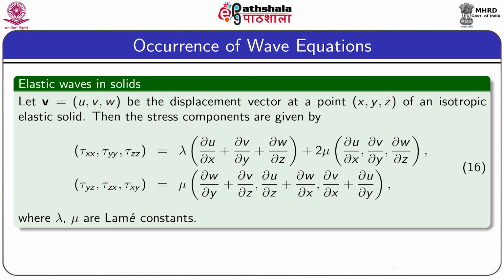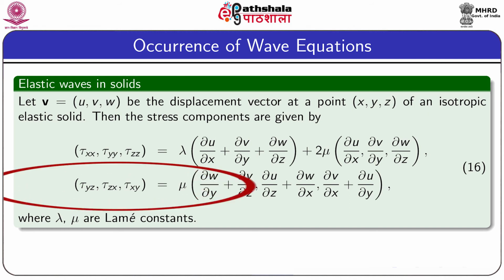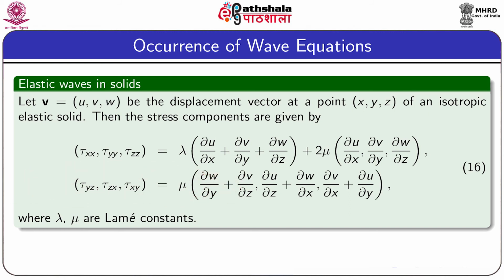Then the stress components are given by, these are the normal stresses, tau xx, tau yy, tau zz. The expressions for these are written, you can see in the slide, and the tangential stress components which are tau yz, tau zx, tau xy, are given by the equations which are written here.